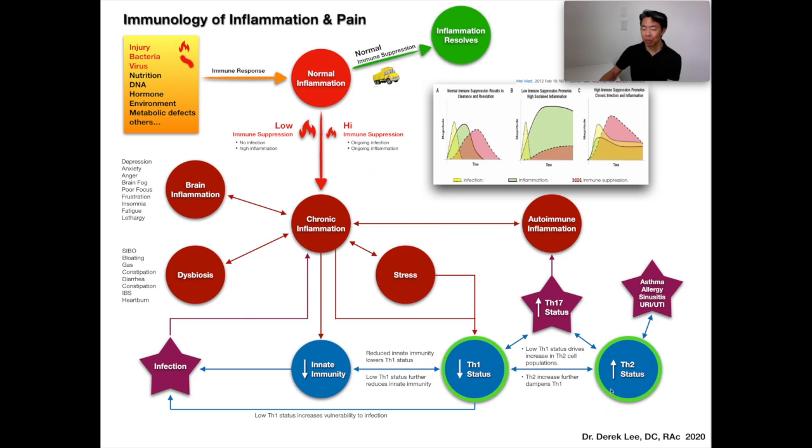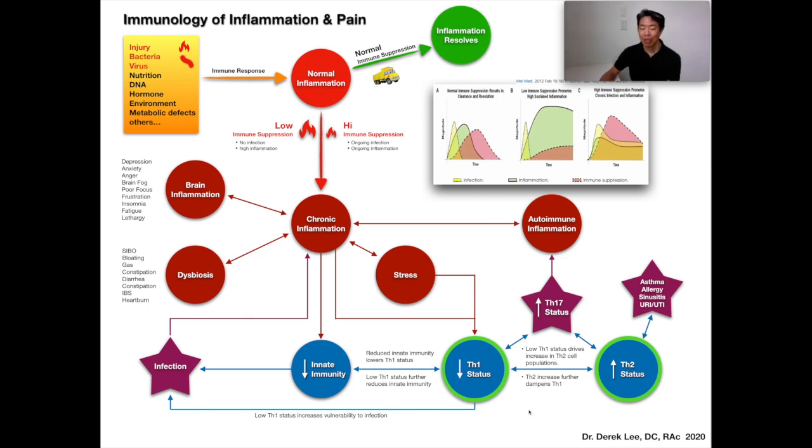And once you know these statuses for Th1 and Th2, if we can increase or reverse this arrow so it's pointing upwards, if we can increase the Th1 status, that will increase our innate immunity and it will help to resolve infections. This will lower the Th2 status, which will reduce these symptoms. But don't forget, these work in opposite directions. So if you can increase this, it will lower this.